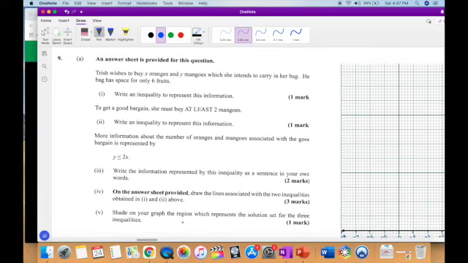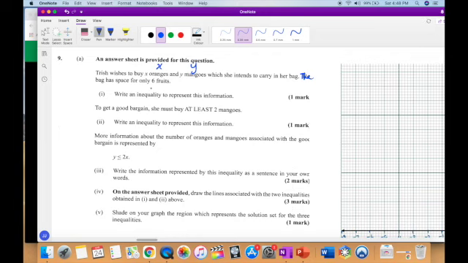Shade on the graph region. Okay. So Trish wants to buy x oranges, y mangoes, and she intends to carry them in a bag. I think this is supposed to be the bag. And yes, even CSEC does have typos.